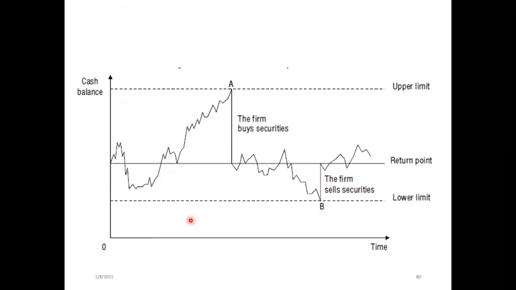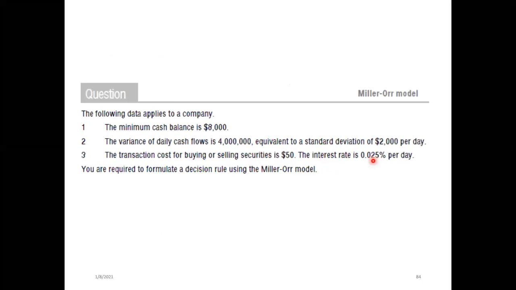If the standard deviation is lower, then this line becomes very close to the return point, and the lower limit line is also very close to the return point. This means the spread is very low, right? That's the thing mentioned here.